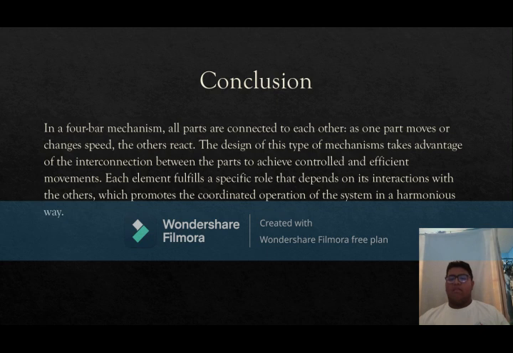The design of this type of mechanism takes advantage of the interconnection between the parts to achieve controlled and efficient movements. Each element fulfills a specific role that depends on its interaction with the others, which promotes the coordinated operation of the system in a harmonious way.